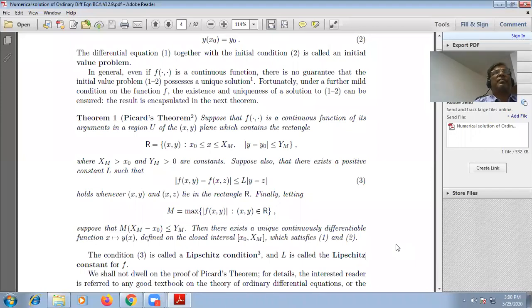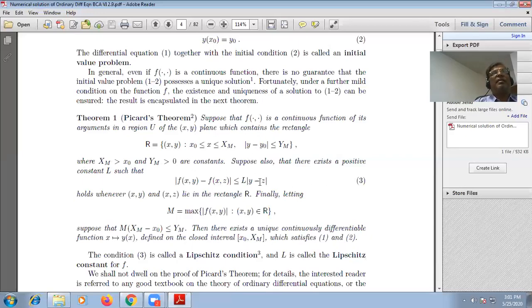So suppose that f is a continuous function of its argument in region capital U of the xy plane, which contains the rectangle R equal to (x, y) such that x lies between x naught and xm, the maximum value of capital X, and the modulus of y minus y naught is less than or equal to ym, where xm is greater than x naught and ym is greater than 0 are constants.